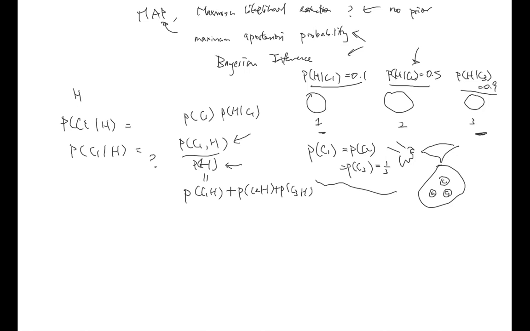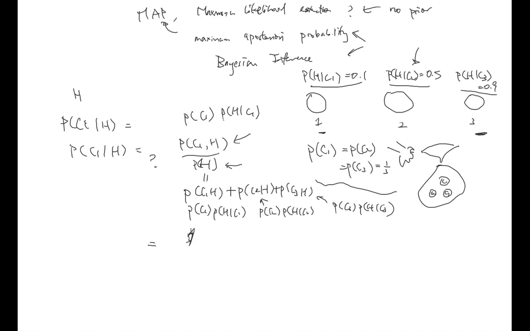We have three different C's here: coin 1, coin 2, and coin 3. And for each of these I can just use Bayes' rule: P(C1) P(H given C1), plus P(C2) P(H given C2), plus P(C3) P(H given C3). If I assume all coins are uniformly chosen, each is 1/3, so the 1/3 factors cancel and I can forget about them.